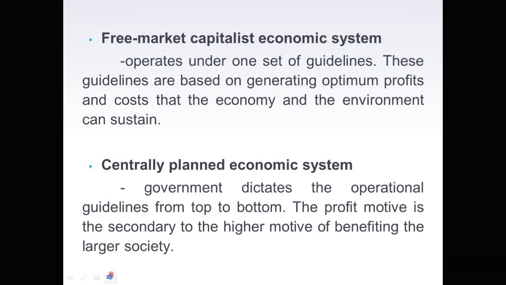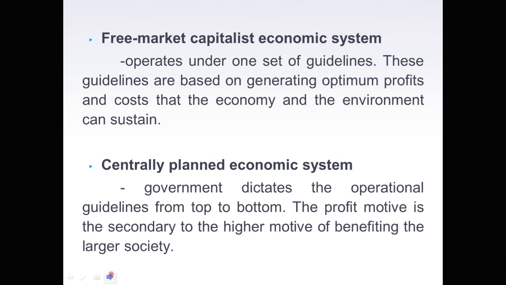Next one is the systems. Ano ba yung mga binabanggit natin na systems kanina? These are the free market capitalist economic system. Ano yung sinasabi dito sa free market capitalist economic system? It operates under one set of guidelines. These guidelines are based on generating optimum profits and costs that the economy and the environment can sustain.